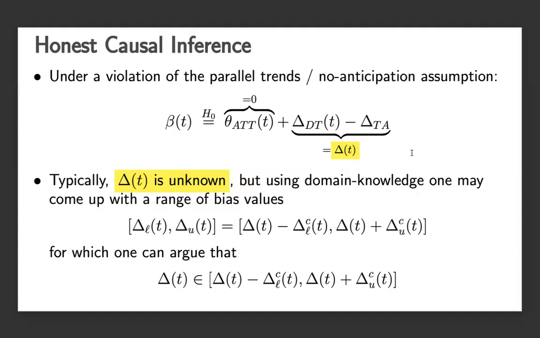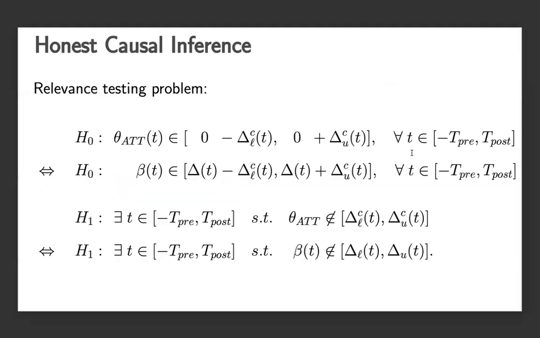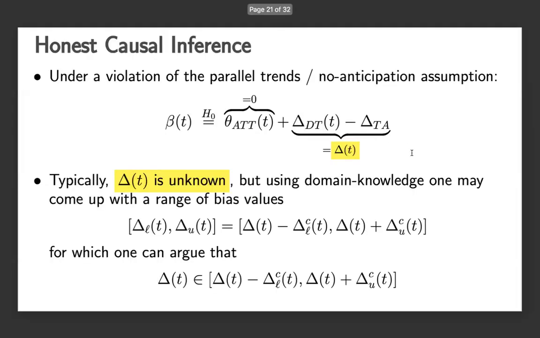Okay, this delta t is usually unknown, but in our research we argue that we may use some domain knowledge to come up with a range of the bias. Then we can transform the original testing problem with a simple null hypothesis, beta equals zero, to a relevant testing problem with a composite null hypothesis, right?